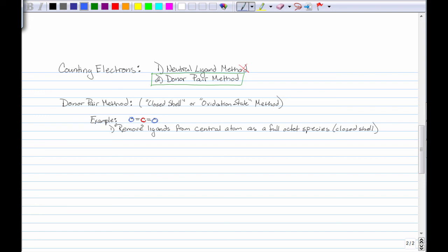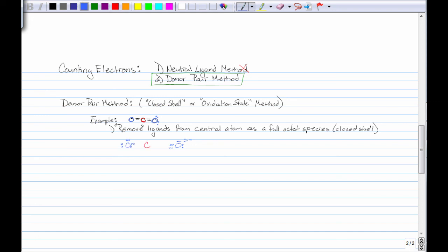I'm going to remove those ligands from the central atom as if they were full octet species. So that means I'm going to remove the oxygen with a full octet. In the case of oxygen, I know that oxygen by itself would be O2 minus. And so I'm essentially taking the oxygens away with their electrons from the carbon.